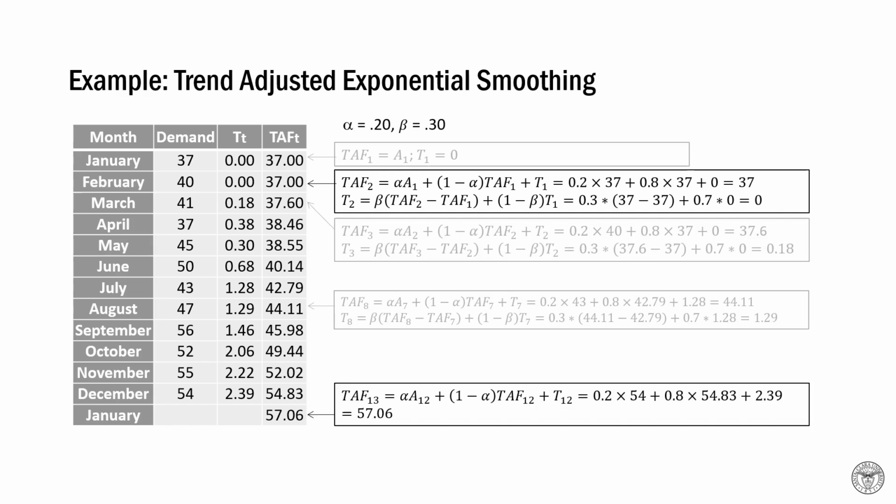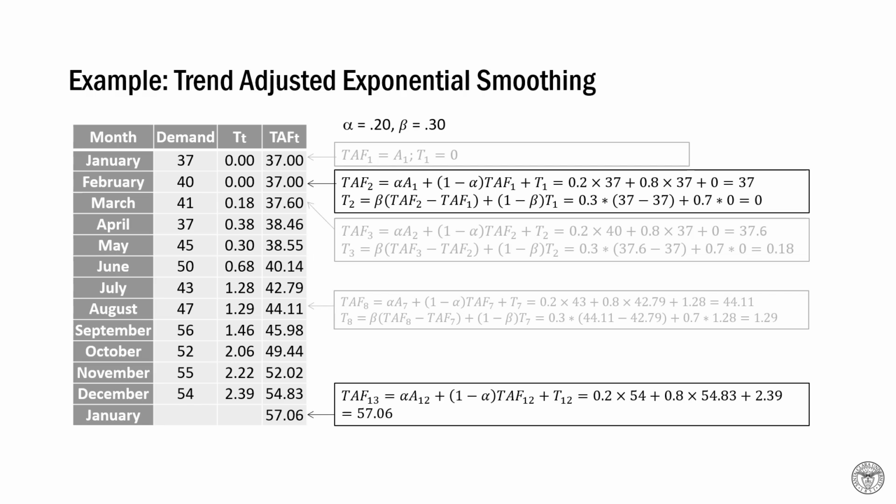By using these calculations, we can project future periods of demand. For instance, we can estimate the demand for the 13th period, TAF sub 13, as 57.06 by taking 0.2 times the actual occurrence of period 12, 54, adding this to 0.8 times TAF sub 12, 54.83, and adding the trend T sub 12, 2.39.